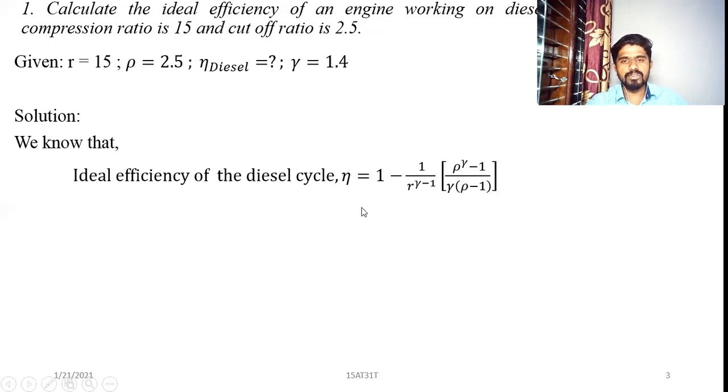Don't forget this equation. This is most useful to solve problems on the diesel cycle.